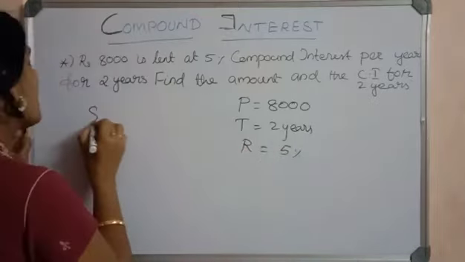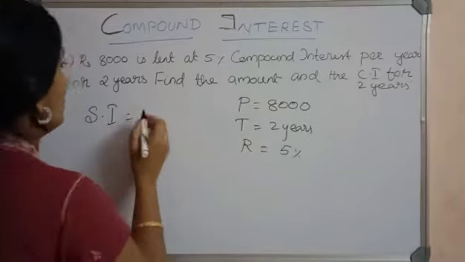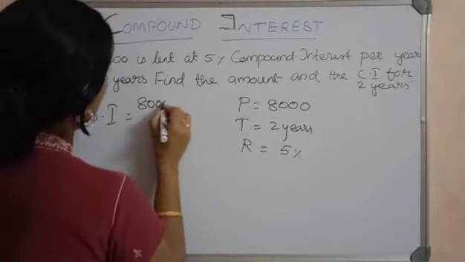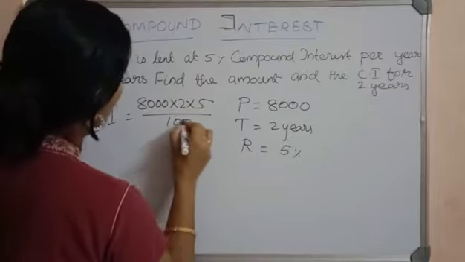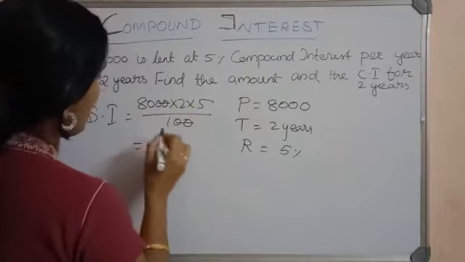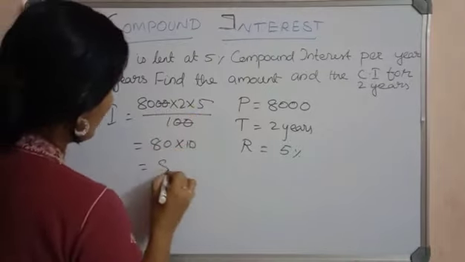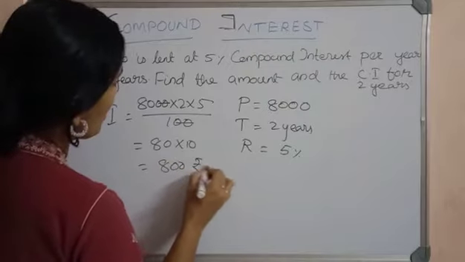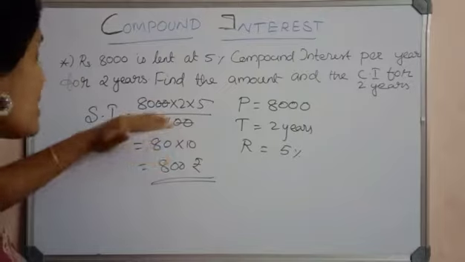So if you're finding the simple interest, this will be PTR by 100. 8,000 into 2 into 5 by 100, that is the same as 80 into 10, which is equal to 800. So this will be the simple interest for 2 years.